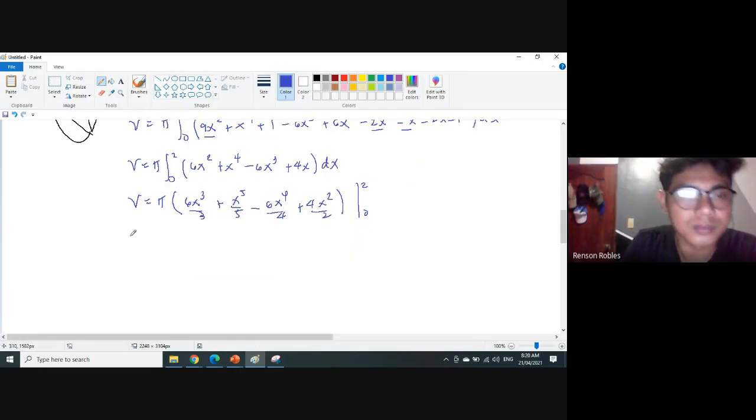Then, 2 cubed is 8. 6 divided by 3 is 2. Then 2 times 8 is 16. Then plus 32 over 5, minus 2 to the 4, 16 divided by 4 is 4, times 6 is 24, plus 2 squared, 4, times 4 is 16, then 8.